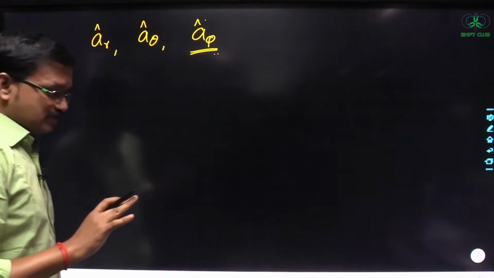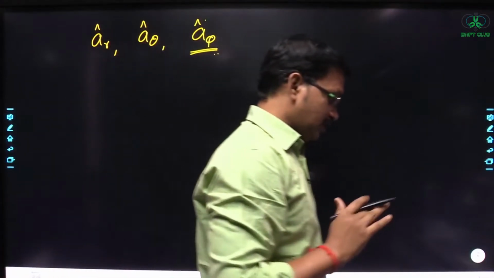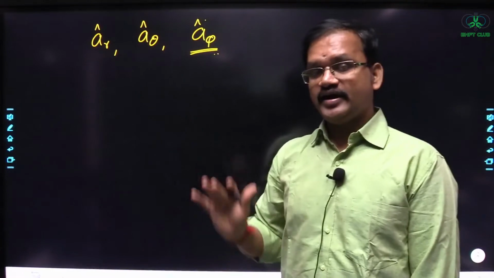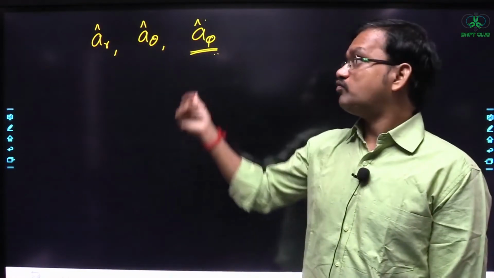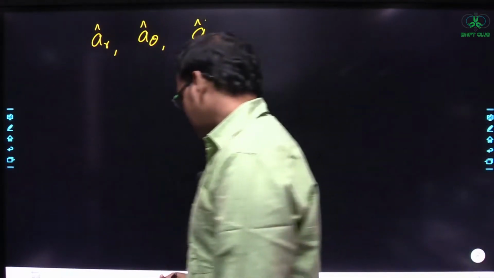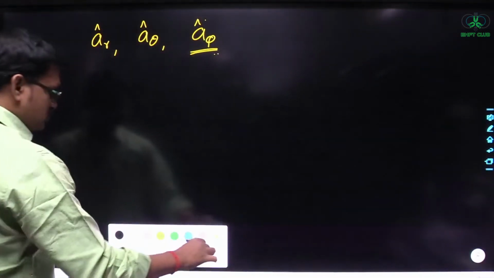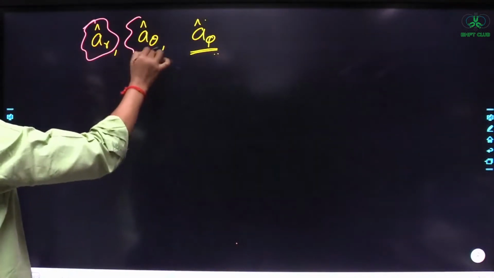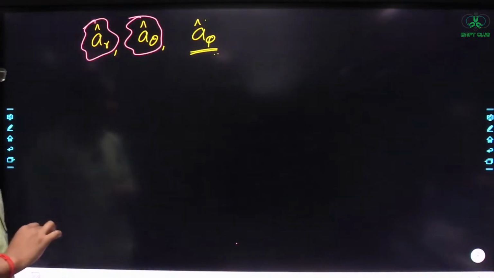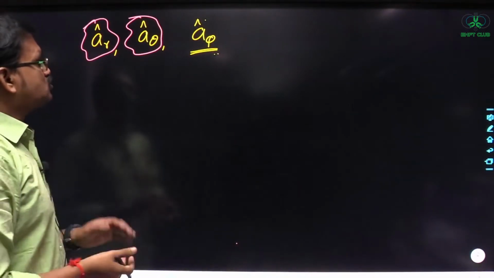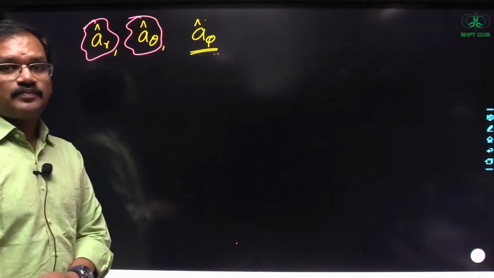Whatever expression we got in cylindrical coordinates is valid in spherical coordinates also for a_phi cap. So now our task is to determine a_r cap and a_theta cap.